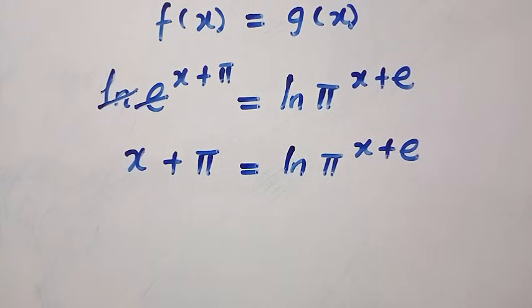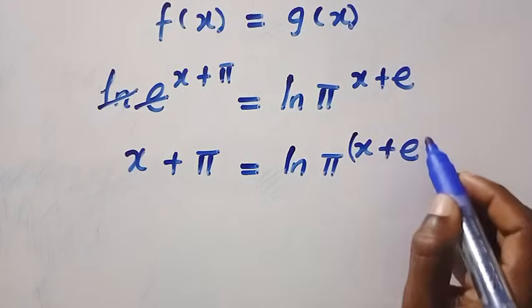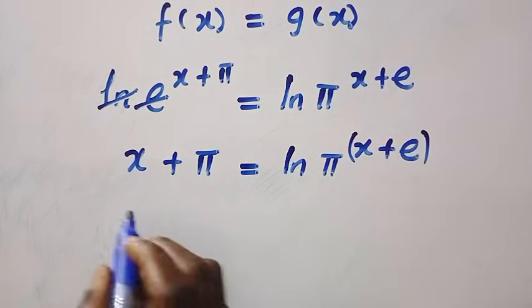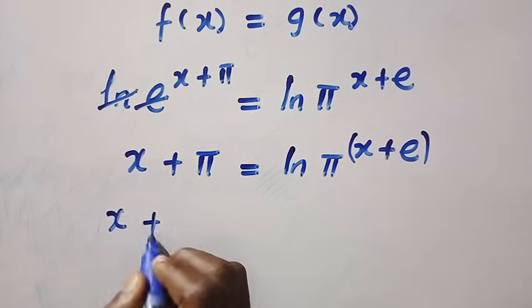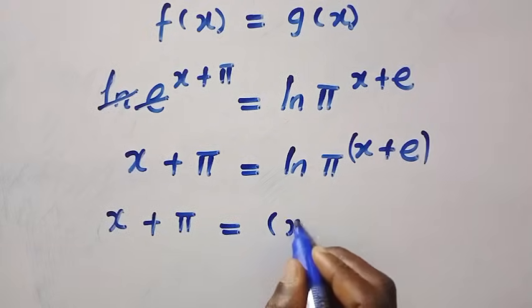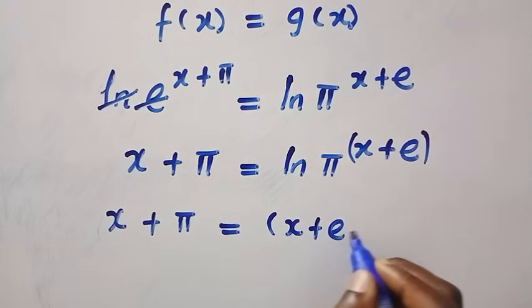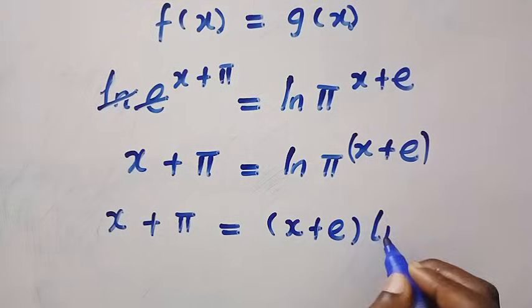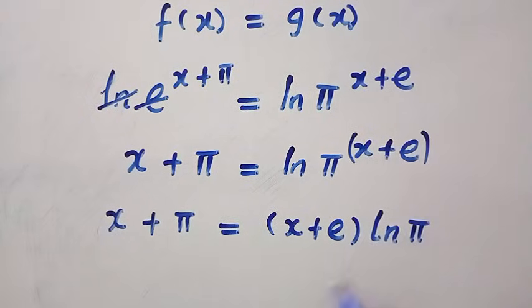By the rule of logarithm, the power x + e will come down to the front. And here we have x + π = (x + e) multiplied by ln π.